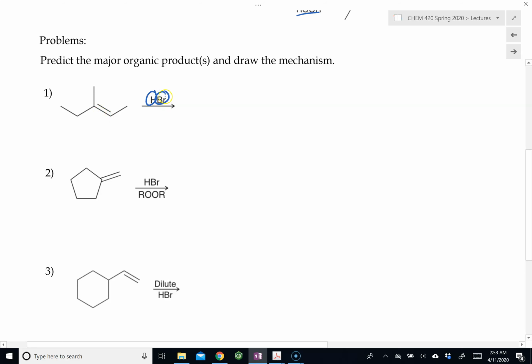And in this case, the bromine will be added to the more substituted carbon. So that would be this carbon right here. And the hydrogen will then be added right here, and the bromine will be added right here. So when we draw the product, this will be the product right here. And this would then be the Markovnikov product.